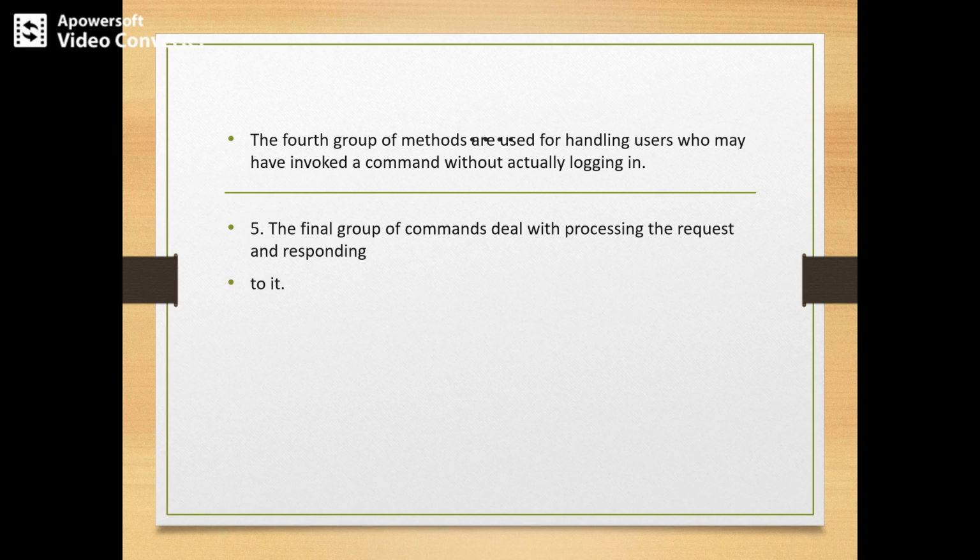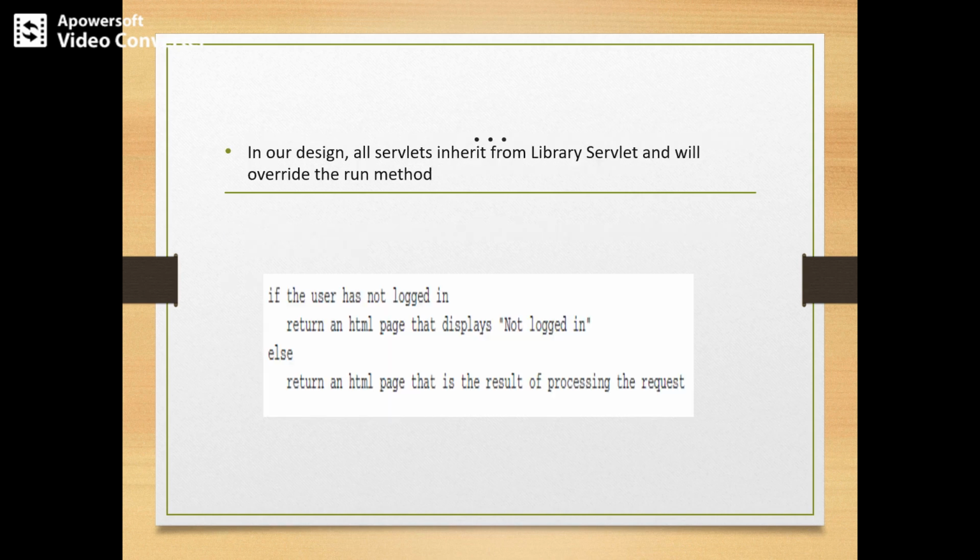The doGet method calls doPost, which does some minimal processing needed for all the commands, and then calls the abstract run method, which individual servlets override. So this is how the execution flow will go.